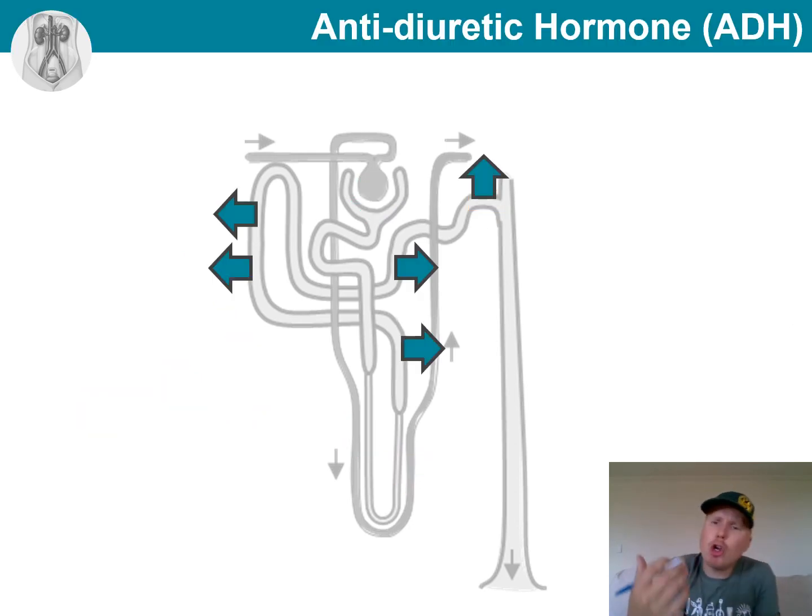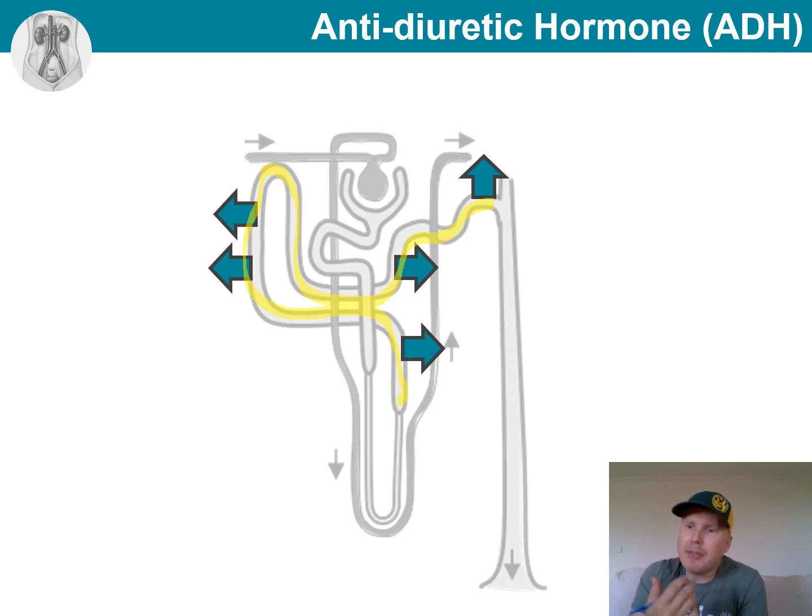Now, I mentioned earlier that there is a hormone that I need to introduce here. ADH, an abbreviation which stands for antidiuretic hormone. This is a hormone that reduces the amount of urine produced by the nephrons. And it acts especially on the distal convoluted tubule.